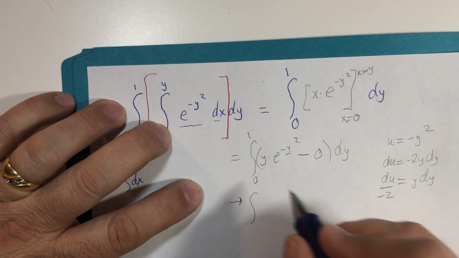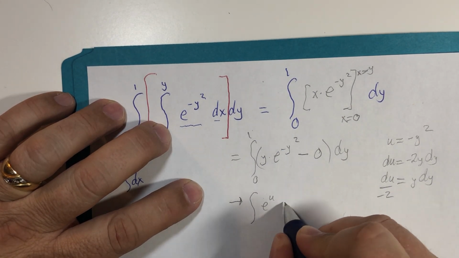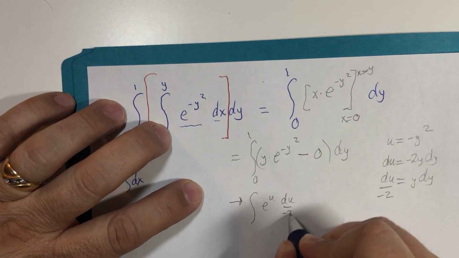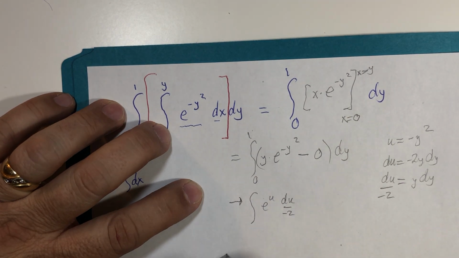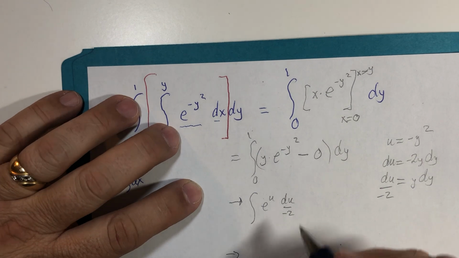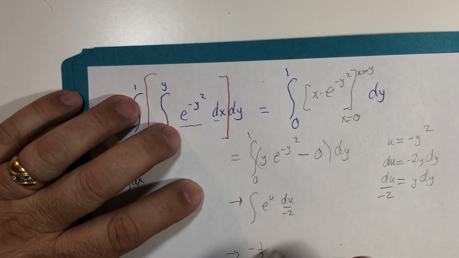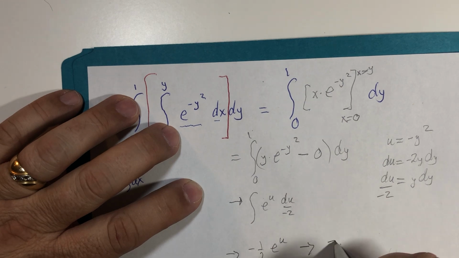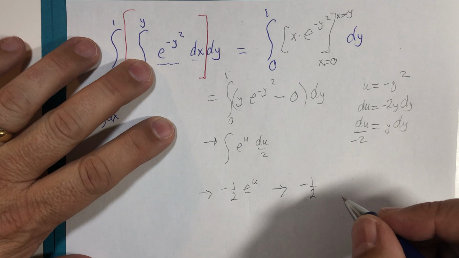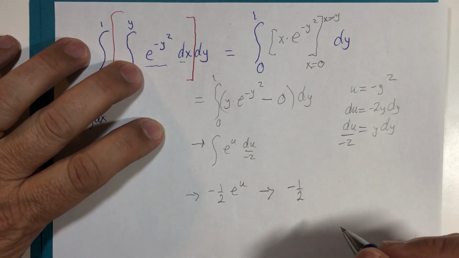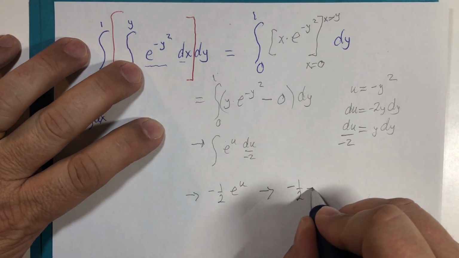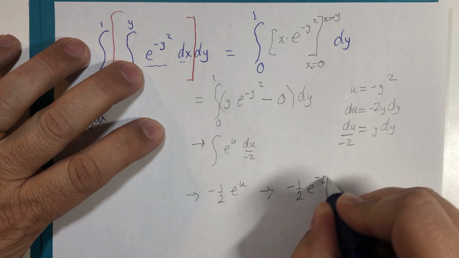I'm going to have e to the u du over negative 2. This is going to become negative 1/2 e to the u power. Now one more conversion. U was equal to negative y squared.